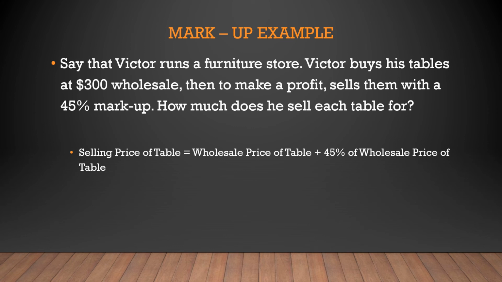He's buying in bulk. And so then he sells an individual table to you, and he has to make some money on that, otherwise he feels like he's wasted his time. So plugging in those values, we get that the selling price of the table is 300 plus 45% of 300, which is $435. So he gets to make $135, which is nice. That's his profit.